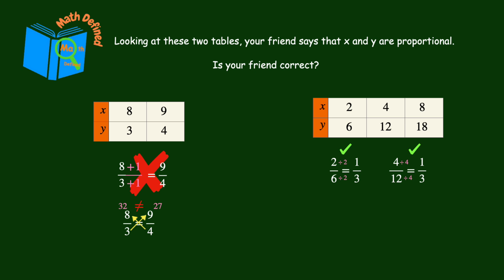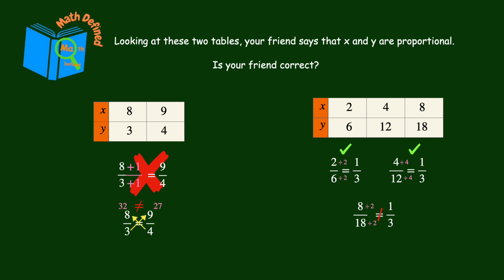But let's check the last ratio in the table, 8/18. Does it simplify to 1/3? Well, 8 and 18 only share a common factor of 2. So we'll divide both the numerator and denominator by 2. As you can see, 8 divided by 2 is not 1, and 18 divided by 2 is not 3.